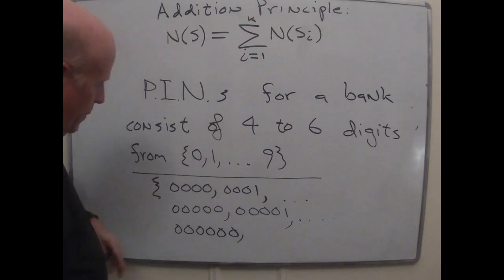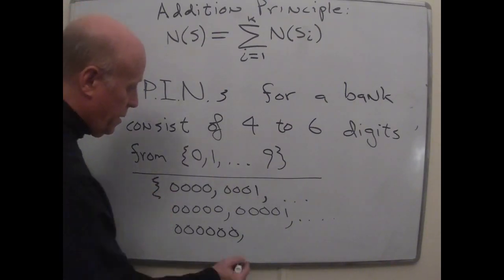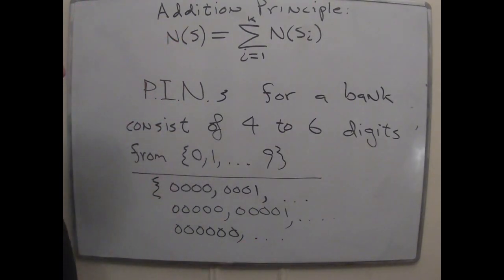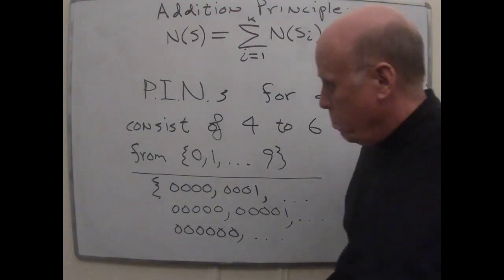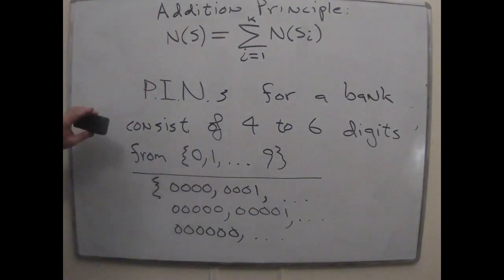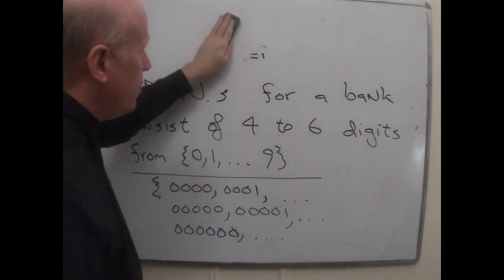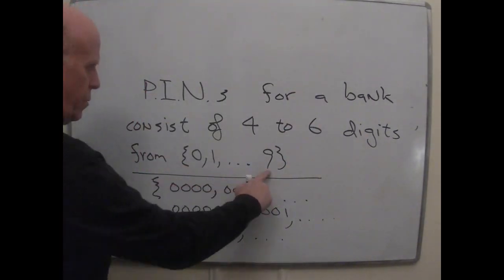Yeah, so anyway, the point is that we can count these 3 rows and then we can get the total by adding up how many are in each row. All right, so let's do it. How many PINs are there that have 4 digits? Well, that's a case for the multiplication rule. The number of ways we have of choosing the first digit is 0 through 9.